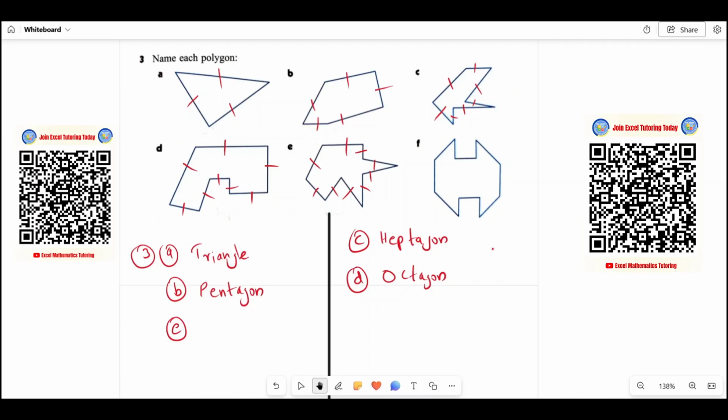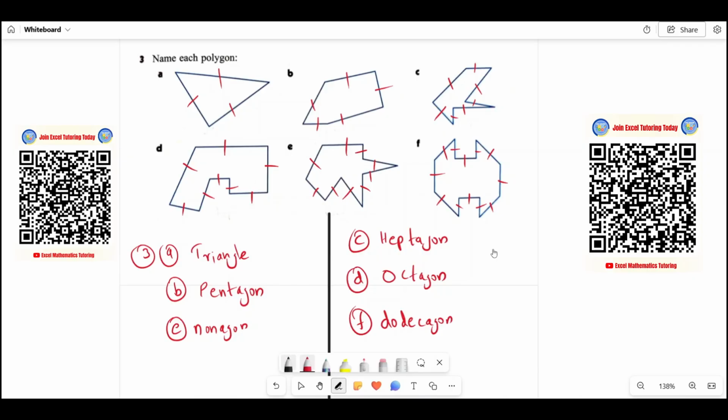So 9 we call nonagon. And the last one, how many sides? 1, 2, 3, 4, 5, 6, 7, 8, 9, 10, 11, 12. So 12 sides we call dodecagon. So the logic is simple.